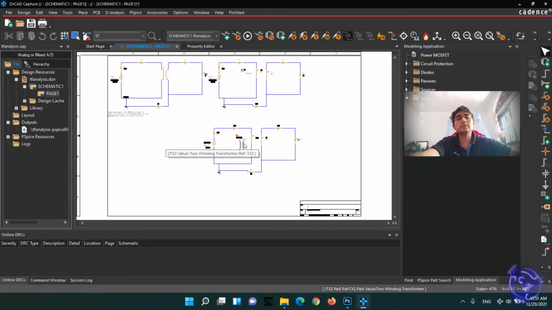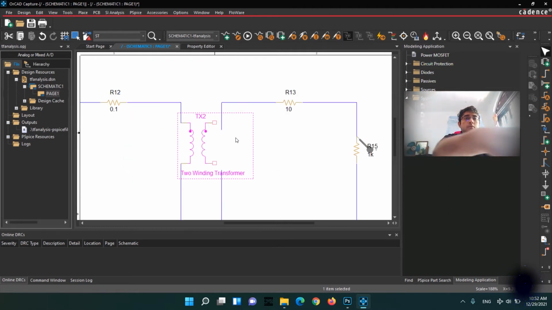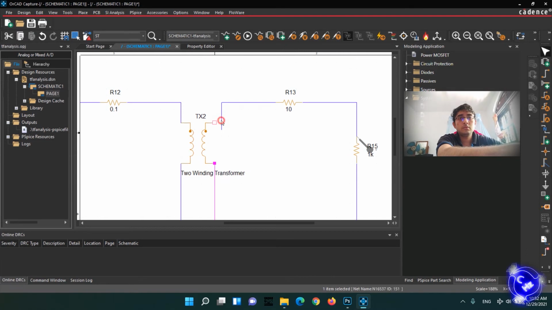So this is my third circuit. I can copy this and I can replace my inductor. I don't need any couplings here.